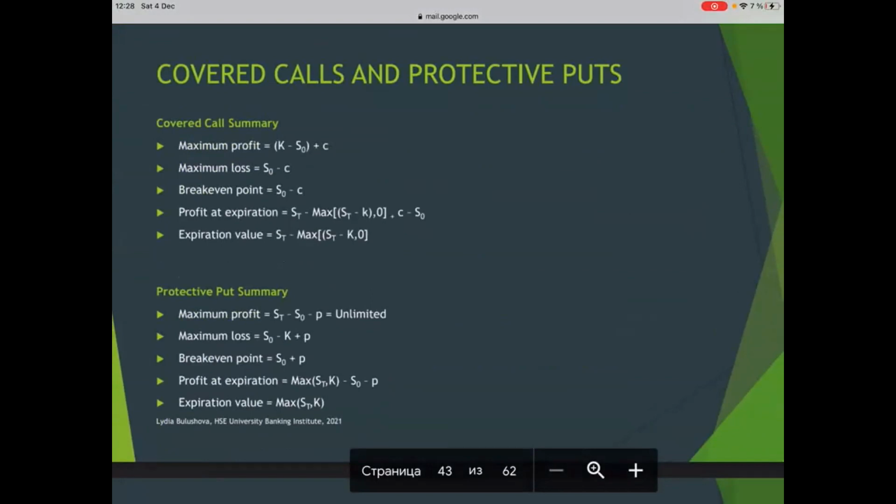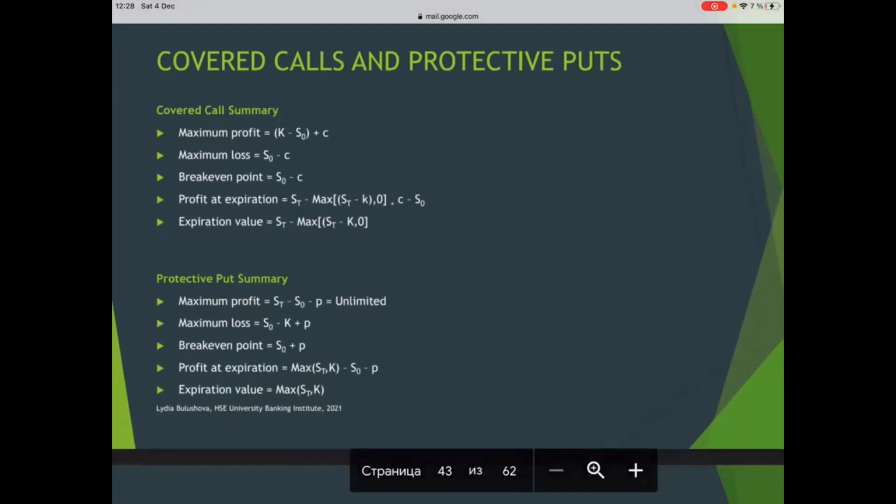So here you've got some small formulas for a covered call and protective put: the maximum profit, maximum loss, break-even point, profit at expiration, and expiration value.